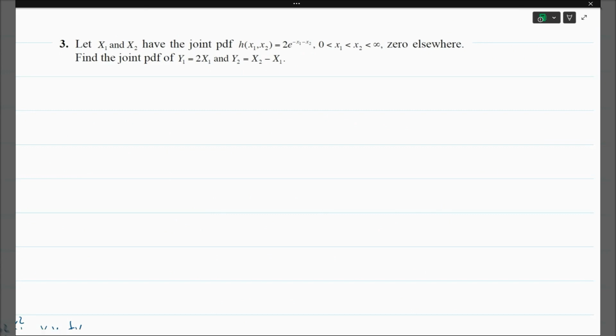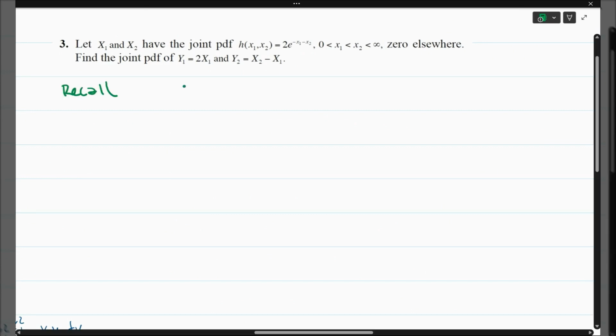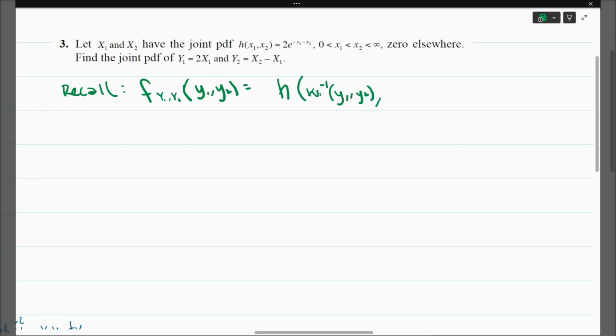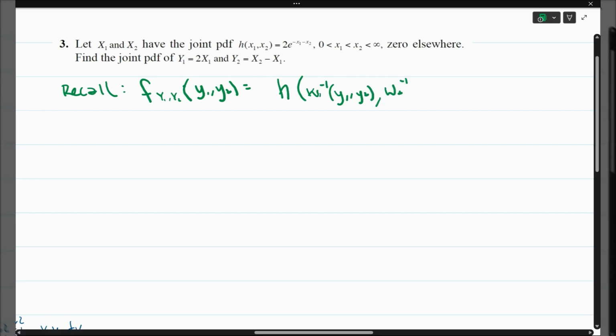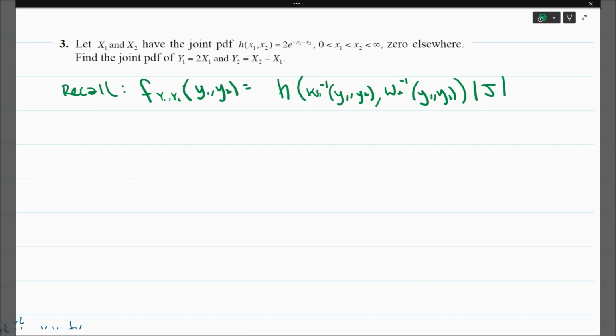So recall that the formula is that f in terms of y's is going to be our h evaluated at w1 inverse of y1, y2, w2 inverse of y1, y2, times the Jacobian on the inverse functions living in the support.